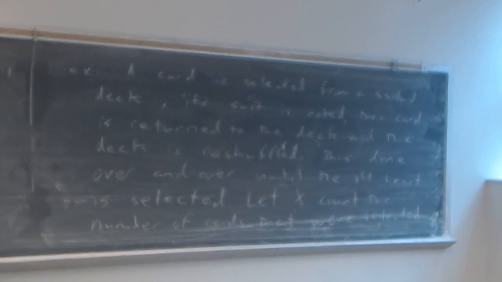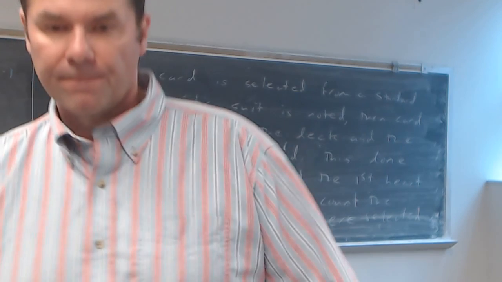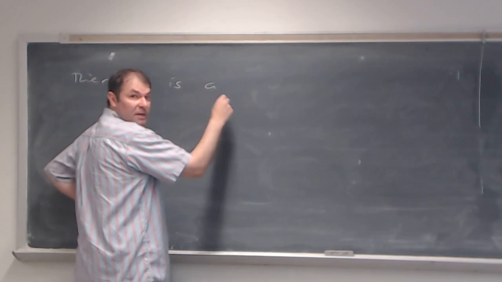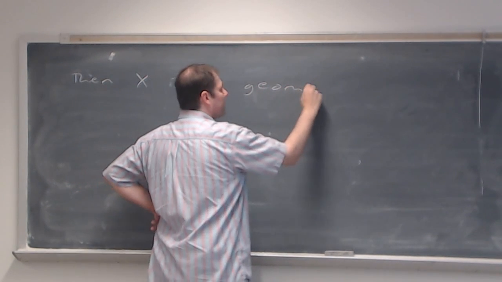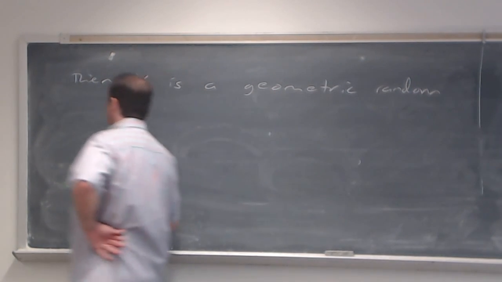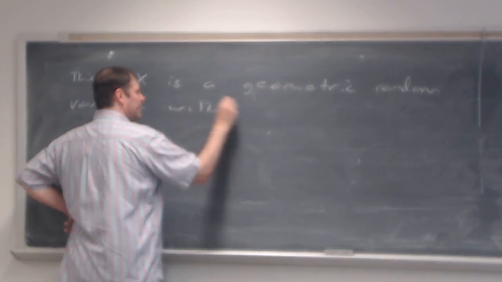Okay, what can we say? Well, then x is going to be a geometric random variable with p equals 1/4.